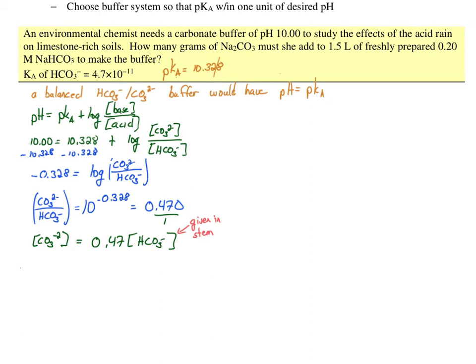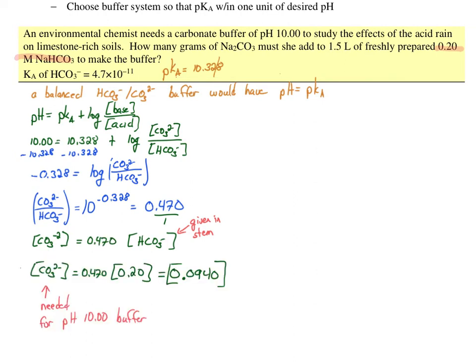If we look up here, we see the bicarbonate ion concentration is 0.2 molar. So we can substitute that in and get a numerical value for the needed carbonate ion concentration. All right, so we get our actual value for the needed concentration of our carbonate ion in order to achieve the desired pH.